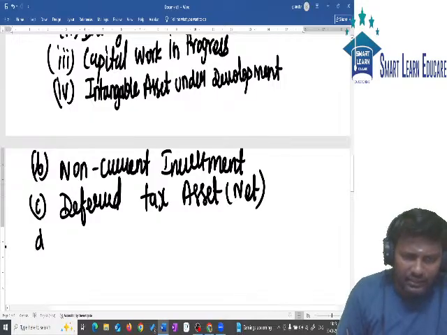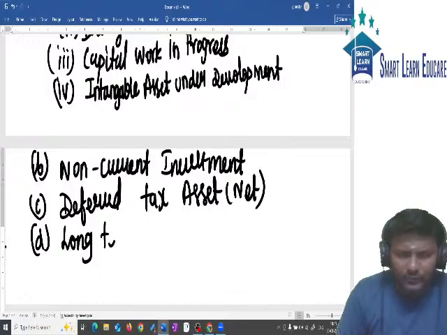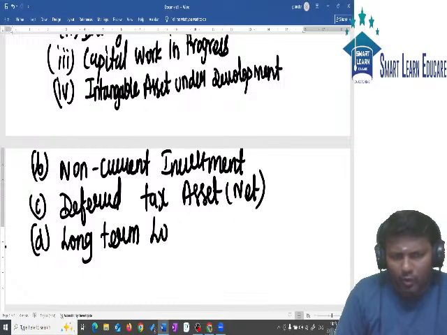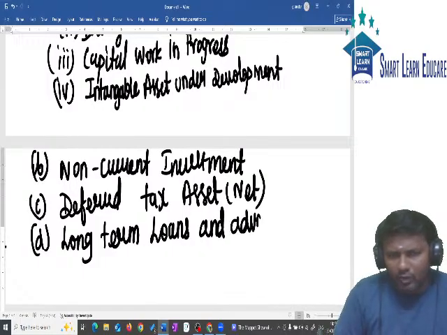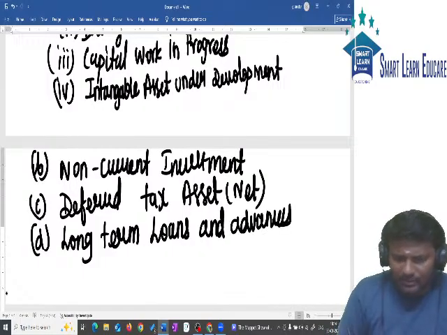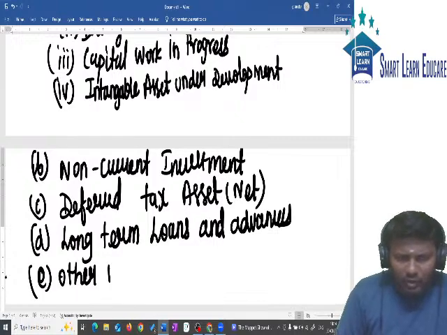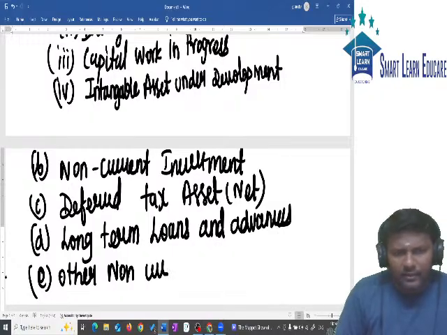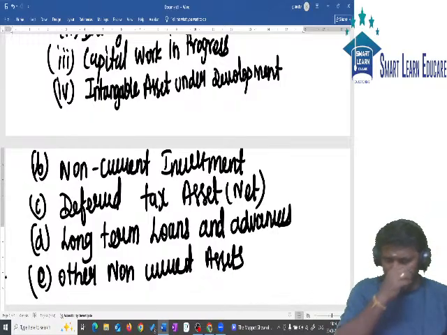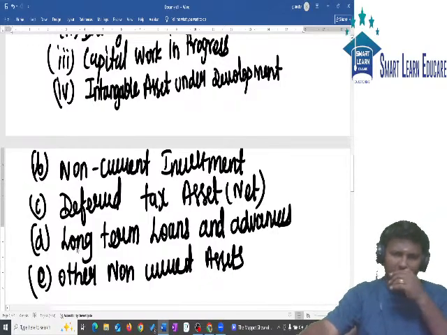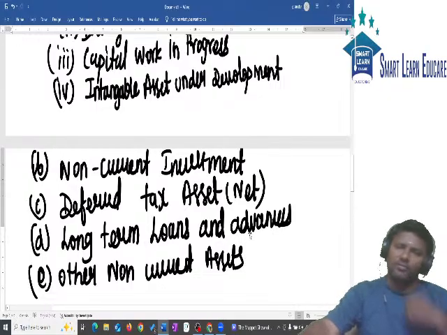Next, D, long-term loans and advances. Last one, E, other non-current assets.